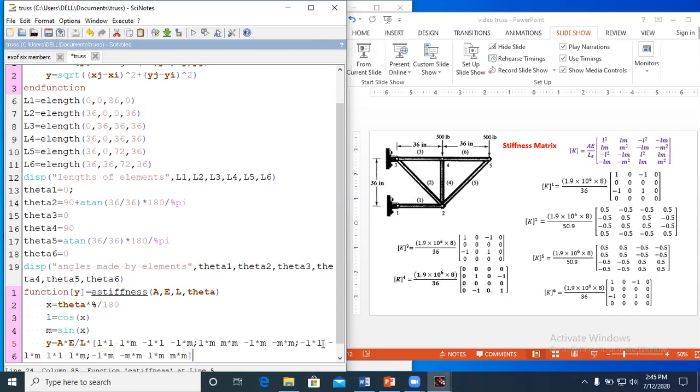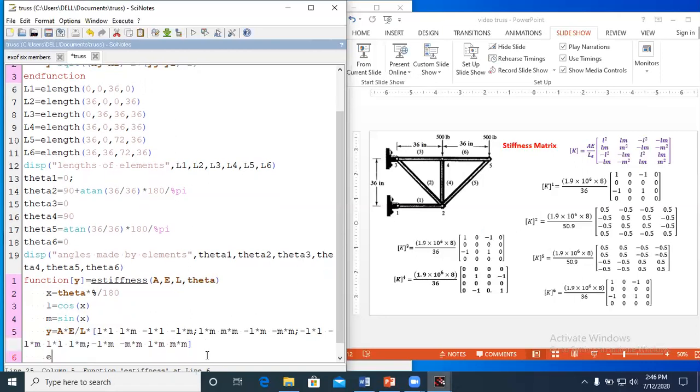Third row is L square, minus LM, minus L square, minus LM. Next is L square. Next is LM. Next is the fourth row, that is minus L into M, minus M square, L into M and M square. Now this function is over.